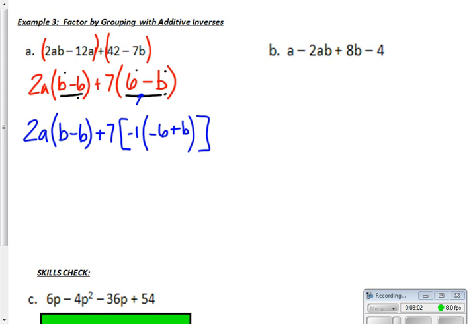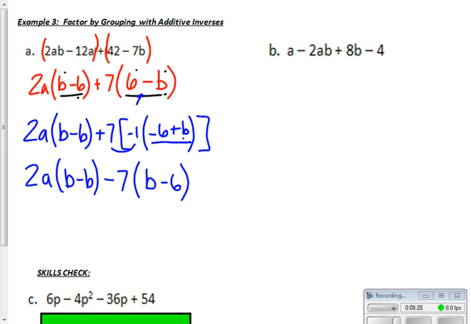Now, if you think about it and I do my multiplication here, I have 2a and I have b minus 6. Now, I have a positive 7 times a negative 1. So basically what I have is negative 7 on the outside. And in my parentheses, I have negative 6, right, plus b. So I could actually just rewrite this as positive b minus 6 in parentheses.